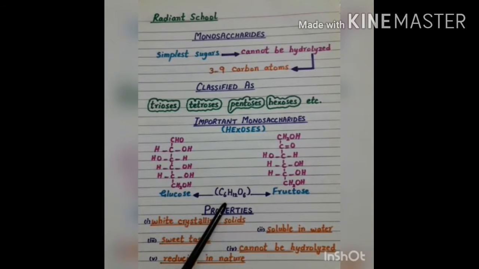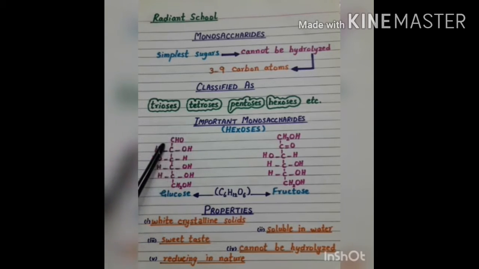Here is the molecular formula for glucose and fructose, which is C6H12O6, and here is the structural formula for glucose and fructose. Means they have the same molecular formula but differ in their structural formula. Glucose is a pentahydroxyaldehyde.